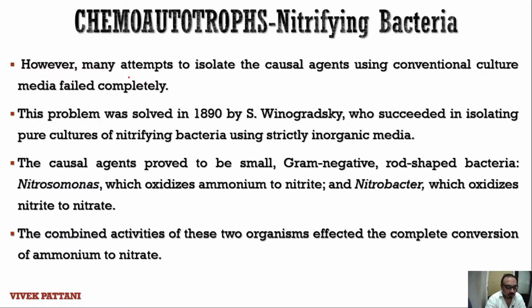And this soil cover was basically the starting material for the production of potassium nitrate. So the conversion of ammonium to nitrite, that is nitrification, is basically carried out in soil by various nitrifying bacteria.